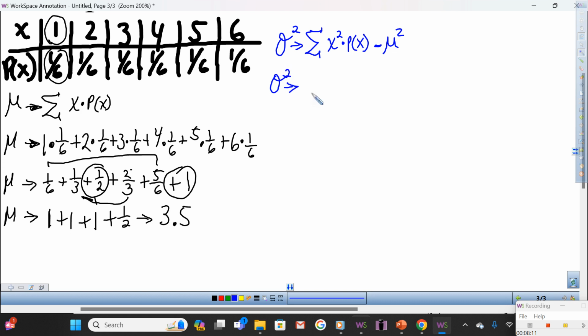Variance is, let's see, what is x squared for the first one?